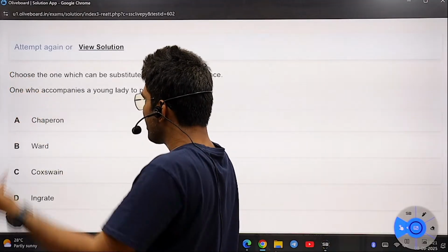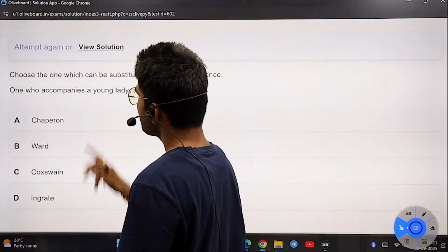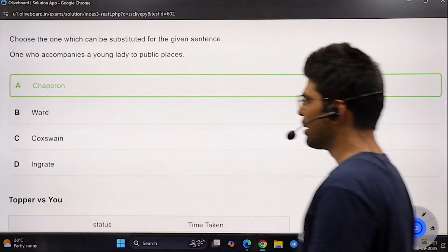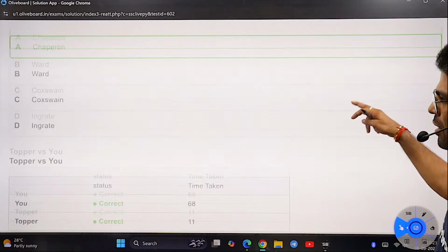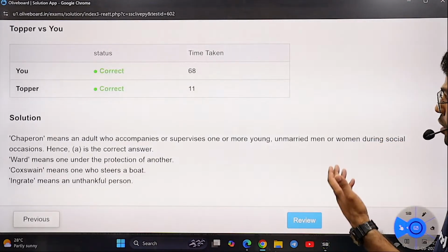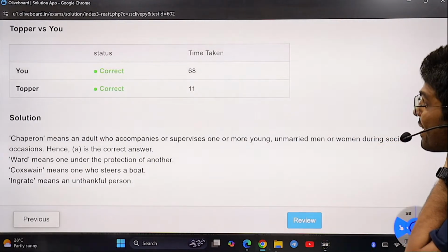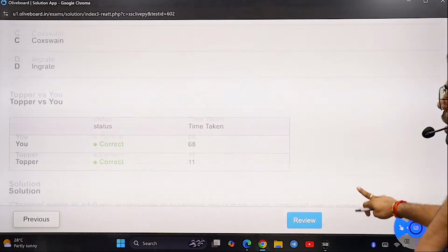I fortunately got this correct, although I got many questions wrong in this test. I'll show you. But yes, that's the word correctly. I don't remember this coxswain. I thought for 68 seconds, I wasn't aware of this. And how the topper knows this.